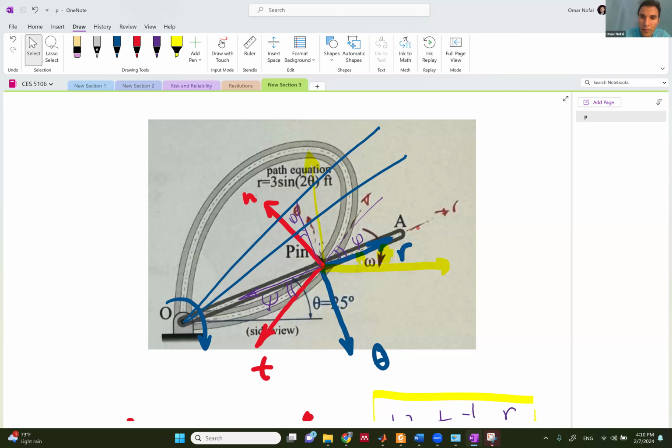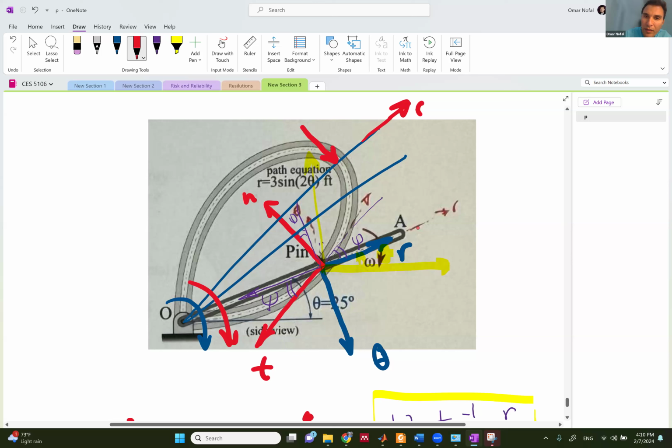If this is the R vector, this is the R direction. And this arm is moving this way, it's going down.